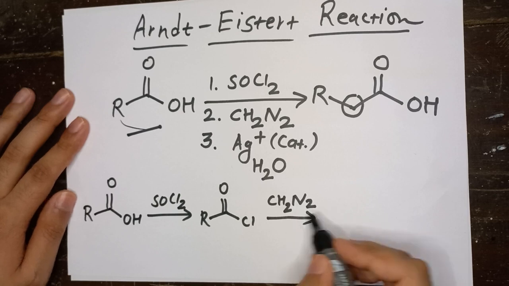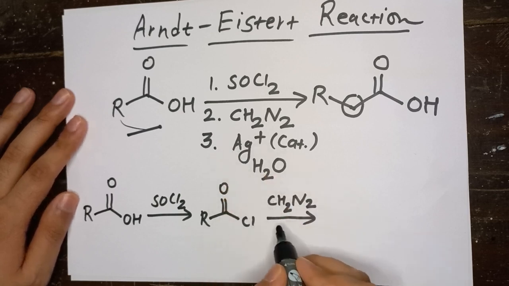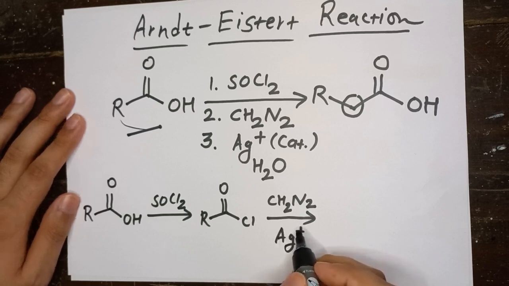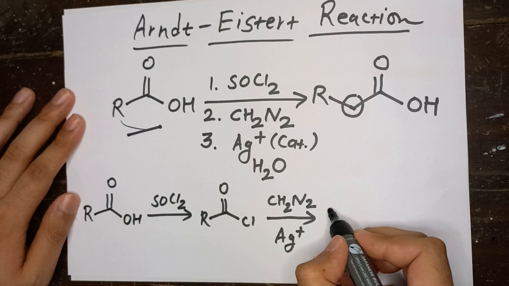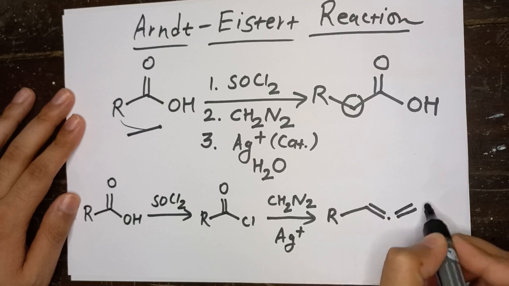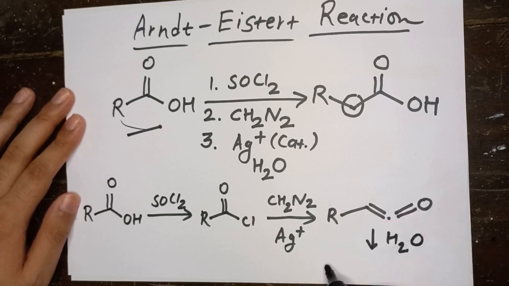Second step, just to let you know that in this step only, Ag plus is catalyzing the formation of ketene. So this is how we get ketene, and finally when we added water, we got the product.